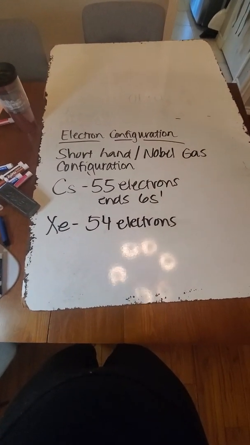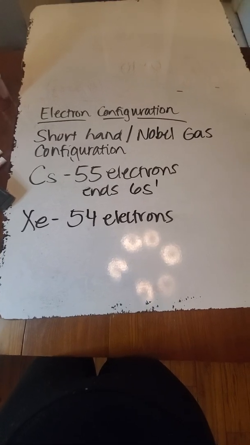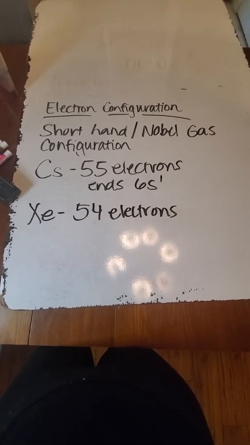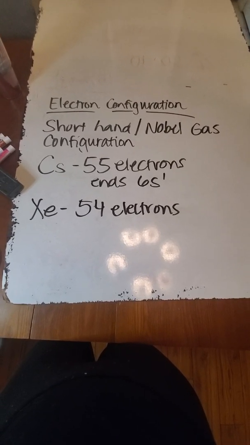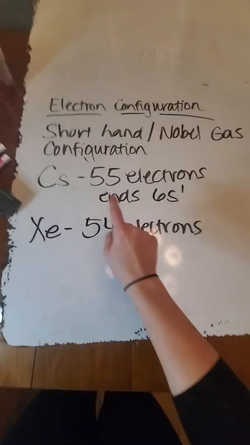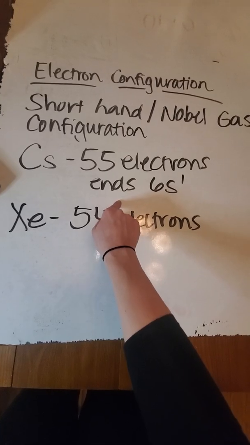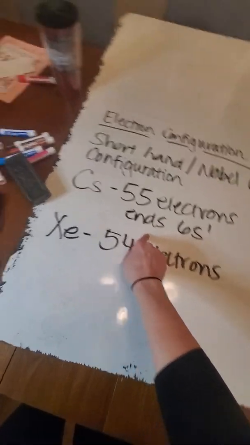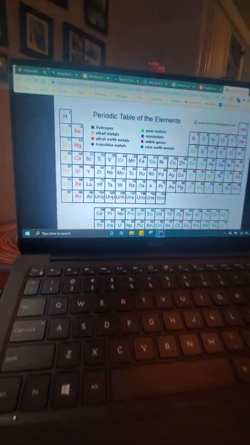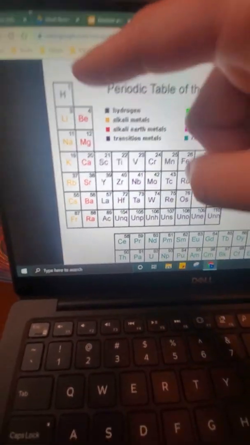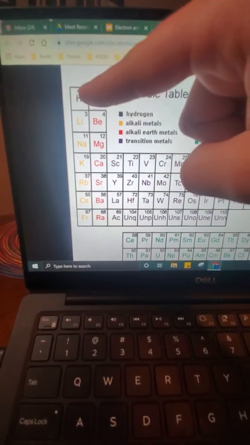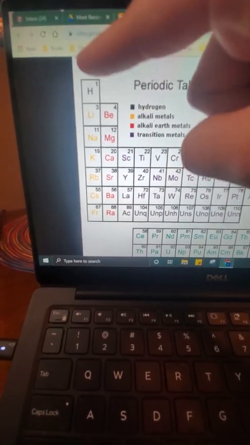All right, guys. So again, I'm showing you another example of shorthand notation for electron configuration. We're going to look at cesium, which has 55 electrons, and it ends in our 6s1. Just to show you on our periodic table, when we're looking at our periods, they represent our n's.